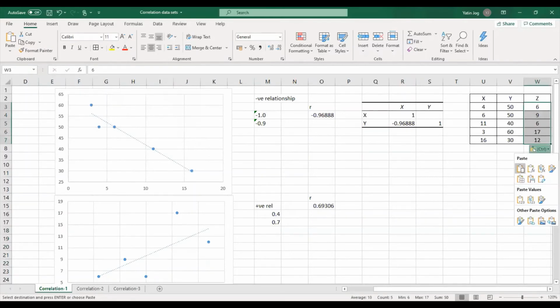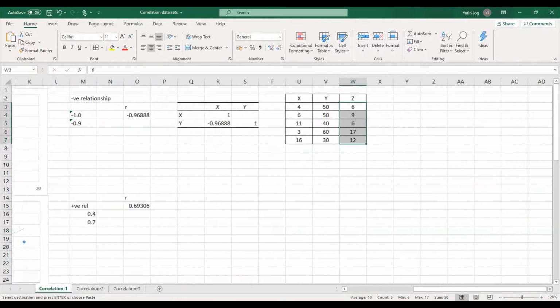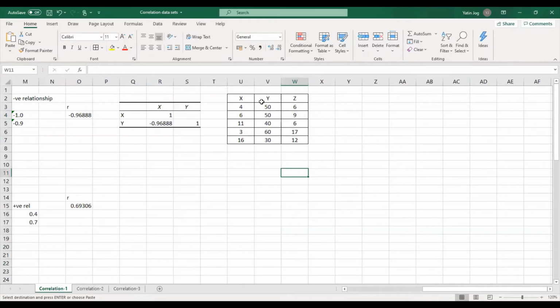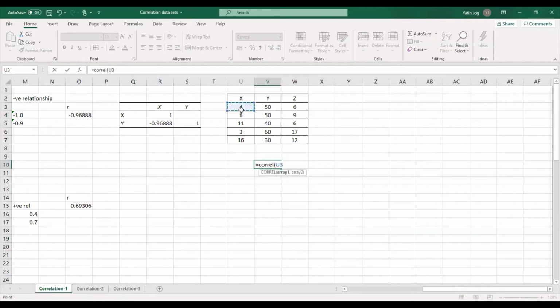Okay. So in this problem, now I want to find correlation between X and Y, correlation between Y and Z, and also the correlation between X and Z. So one way to do that is to use correlation on multiple variables.